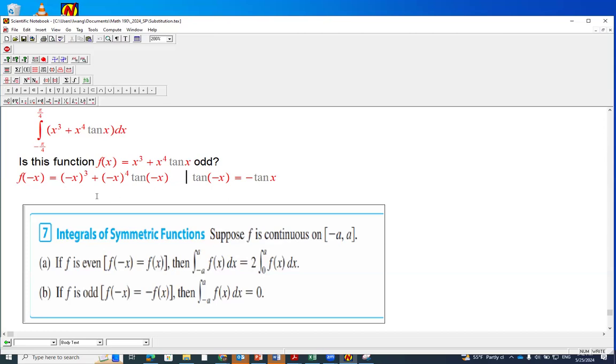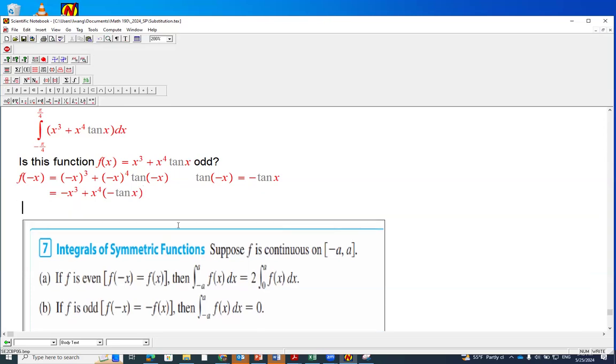Tangent is odd. So at this point, what we have is negative x raised to the power 3, which is negative x raised to the power 3, plus x raised to the power 4. And negative x to the power 4 is the same as x raised to the power 4. And tangent of negative x is negative tangent x. We're going to plug in. Here we're just trying to see if the definition of odd function applies.